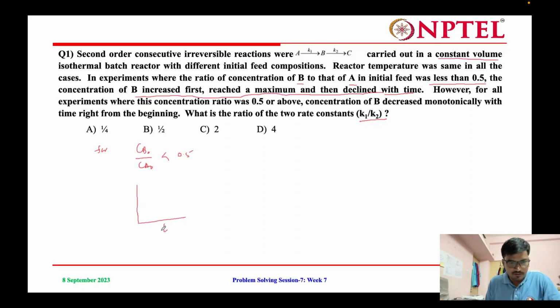Here is CB: the initial increase, the maximum point, then the decline. So the initial rate is positive and the slope is positive.